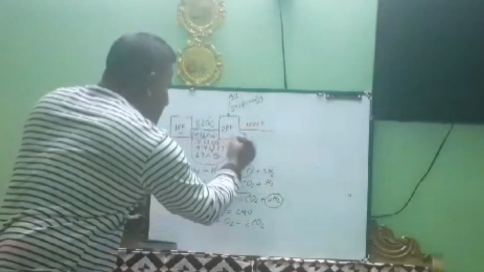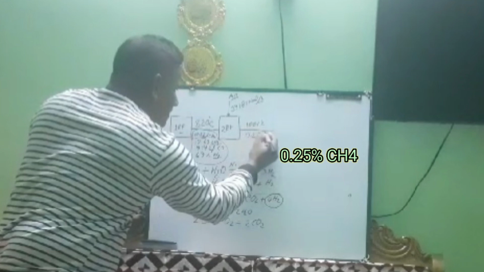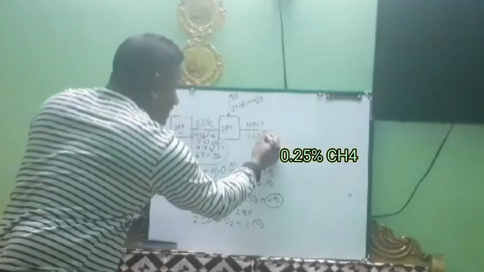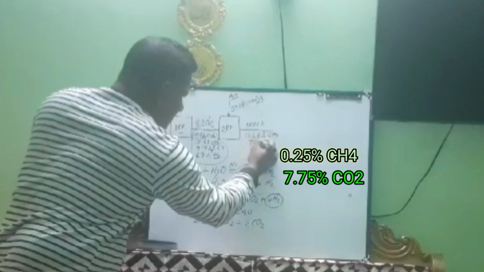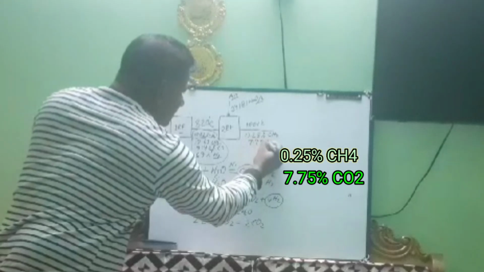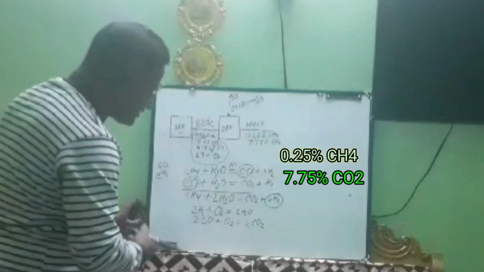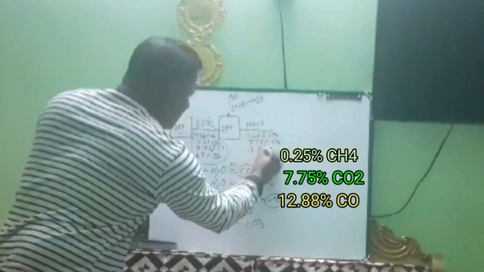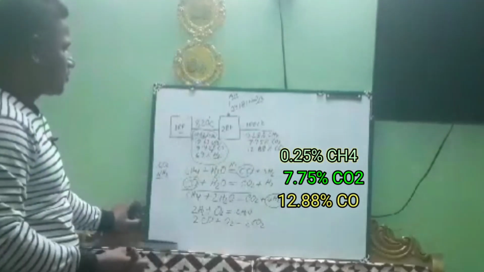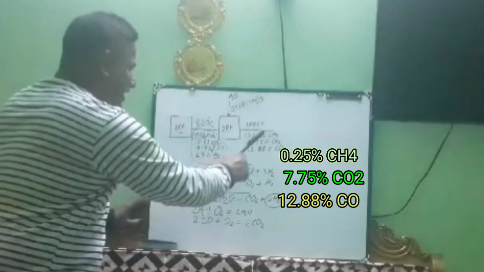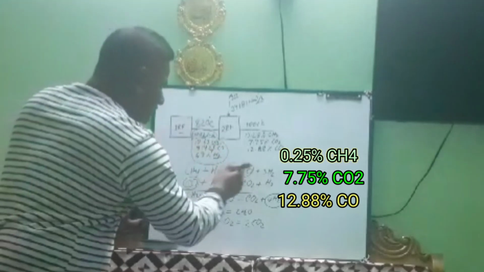The methane percentage will be 0.25% because maximum methane will be reformed. 7.75% will be carbon dioxide and 12.88% carbon monoxide.